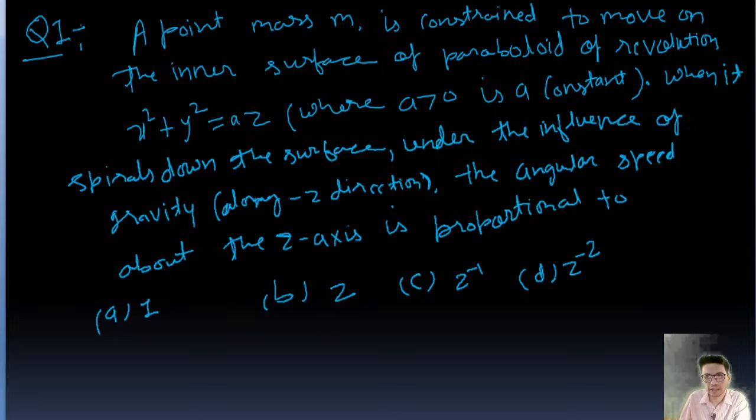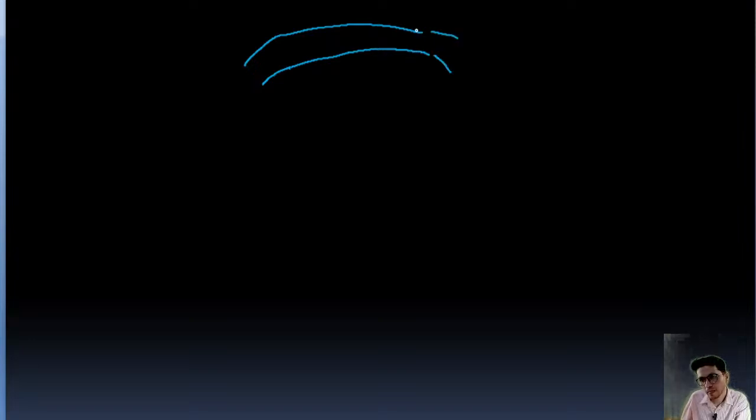So this is like a paraboloid, and this point mass is spiraling down like this.